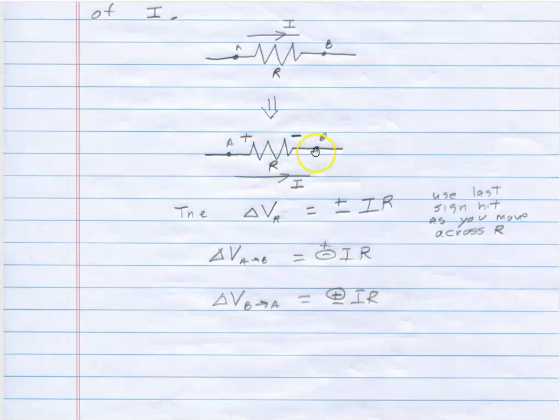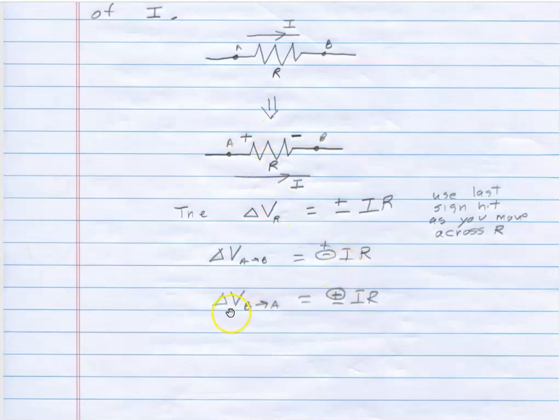Alternatively, if I were going from B to A and wanted the potential difference as I moved across this from B to A, well, again, I write down the potential drop across the resistor, plus or minus IR. And then as I move across it in the direction that I want to, I use the last sign hit, in this case the positive sign.